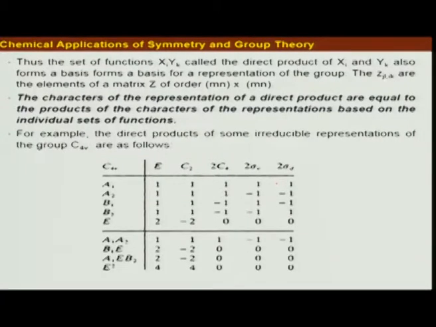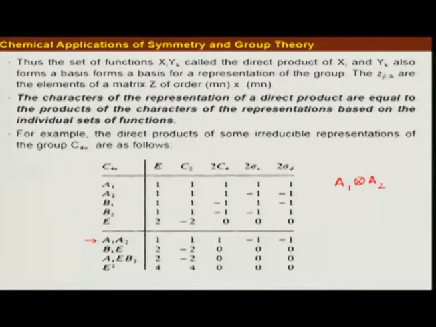The example is given below. We have taken the point group C4v, and this is its character table. Generally a direct product between A1 and A2 is written like this, or simply like this.